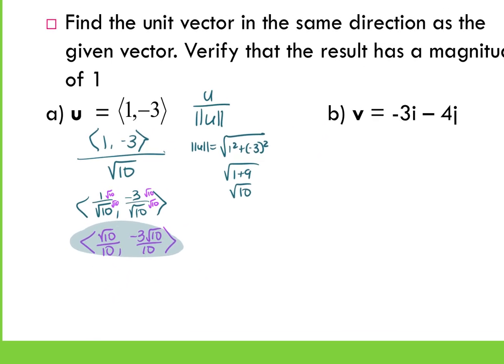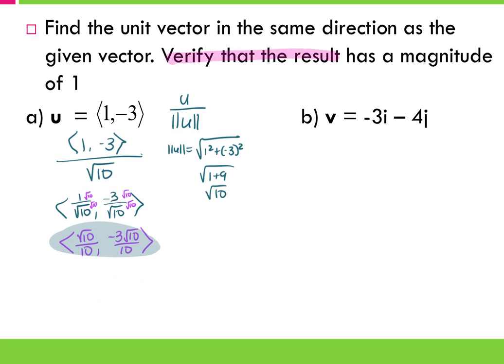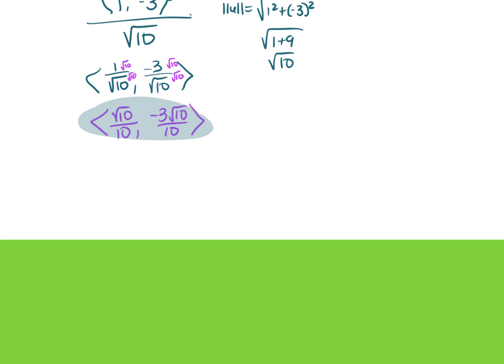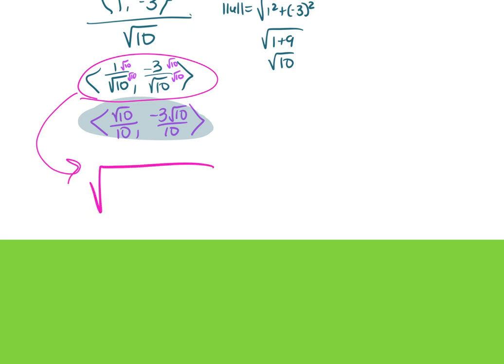Now the second part of these directions said verify the result has a magnitude of 1. So to verify, I would go back before I rationalize and find the magnitude. So square root of 1 over square root 10 squared plus negative 3 over square root 10 squared.